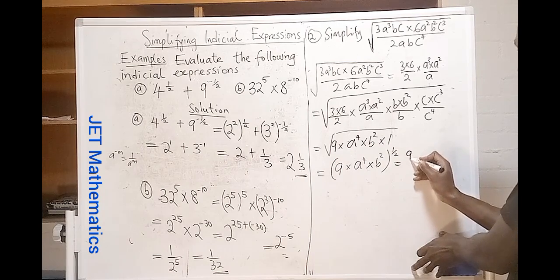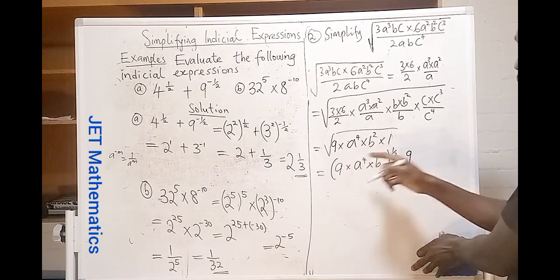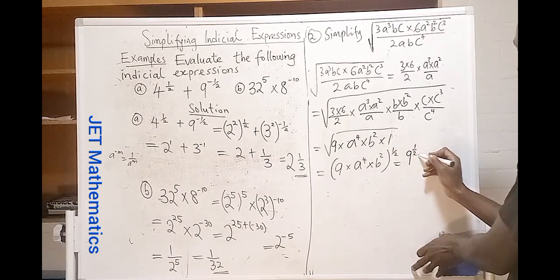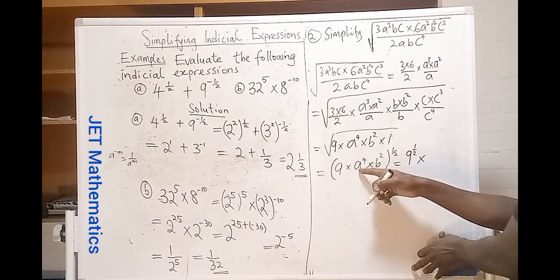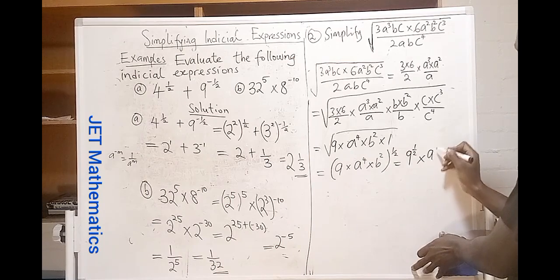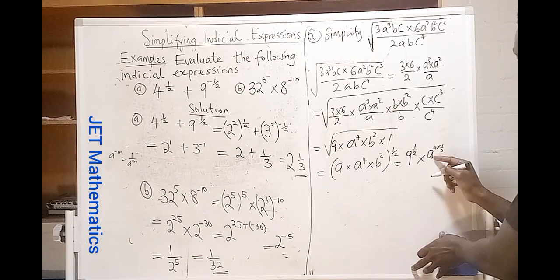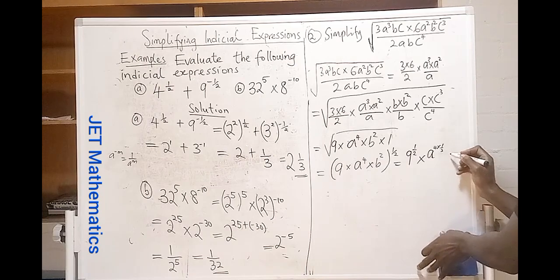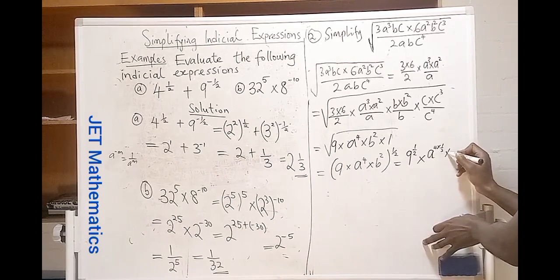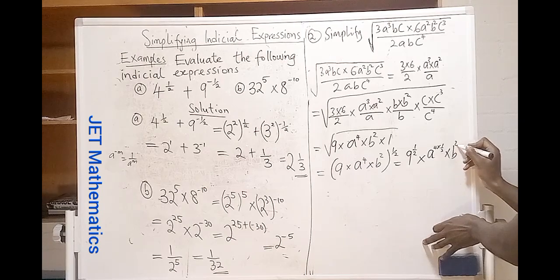We have 9, then this half will affect 9, which is 1 over 2, times, this is a raised to the power 4 times 1 over 2. So this a, not 9, take note. And then times, this is b raised to the power 2 times 1 over 2.